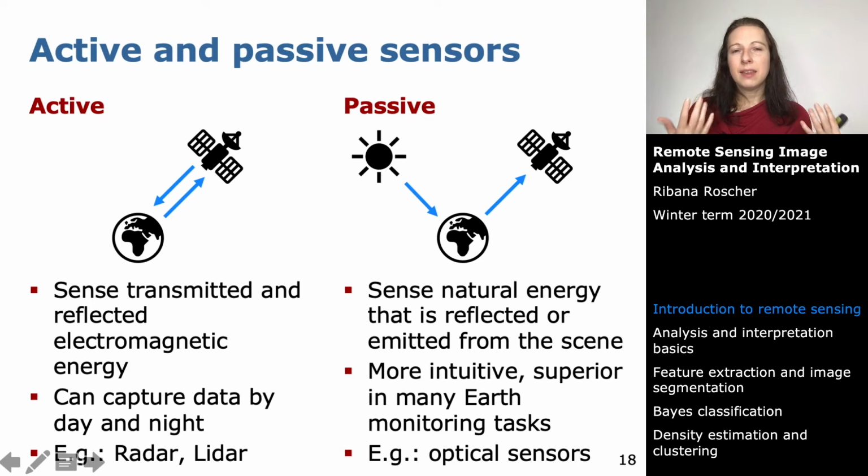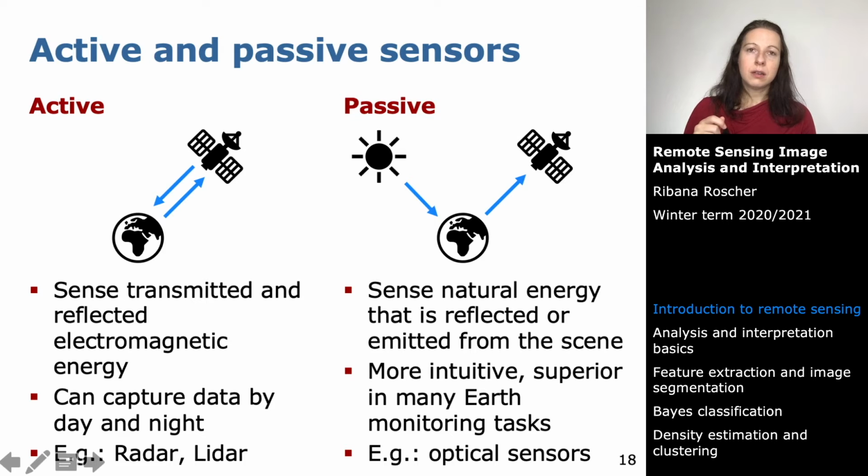And also passive sensors are for many tasks superior, so it's easier to work with them, and you get better results. It's not the case for all applications, for all tasks in remote sensing, but for a lot of them. The best example are optical sensors. So when you use your smartphone and you take a picture, this is a passive sensor.